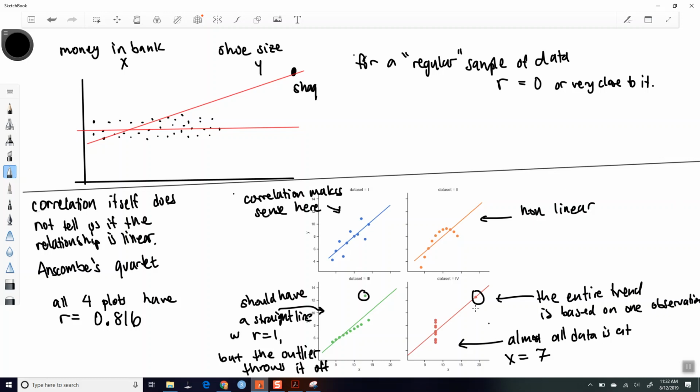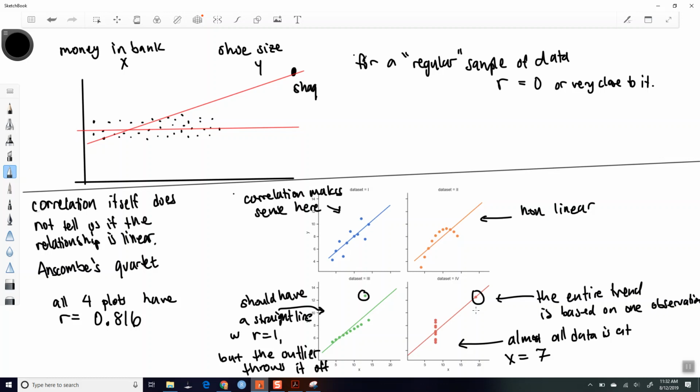So doing something like this is risky, and similarly, not plotting your data and assuming that the correlation tells us information is also a risky thing. So you have to plot it and say, in the context of this, it's really the only observation that we have out here. It doesn't make sense to draw a conclusion for this. All right, is that good?